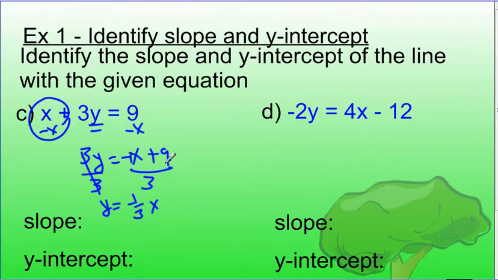This does divide evenly, 3. So my equation, y equals negative 1/3 x plus 3, this has a slope of negative 1/3. That's the slope. It has a y-intercept of positive 3. Slope-intercept form.